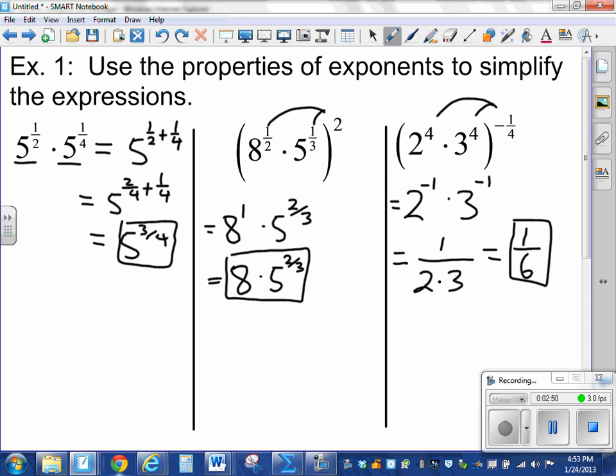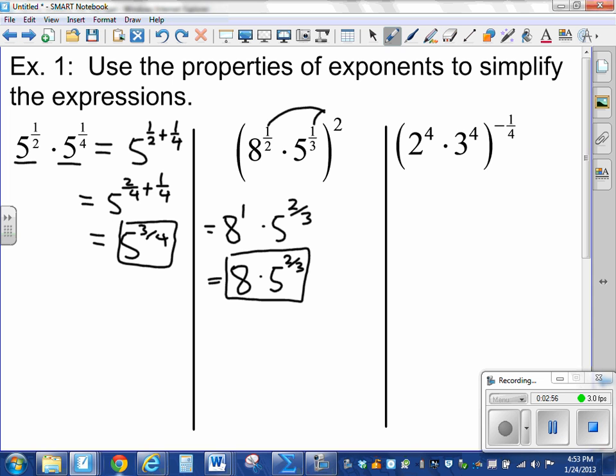Another way you could have done this, so if you like it better the other way, feel free to rewind and look at that again. Since these actually have the same exponent, you can pull that exponent out. It's kind of like factoring, but we don't call it factoring. So this will be 2 times 3, and then we're going to pull the 4 out, and this is still to the negative 1/4 power.